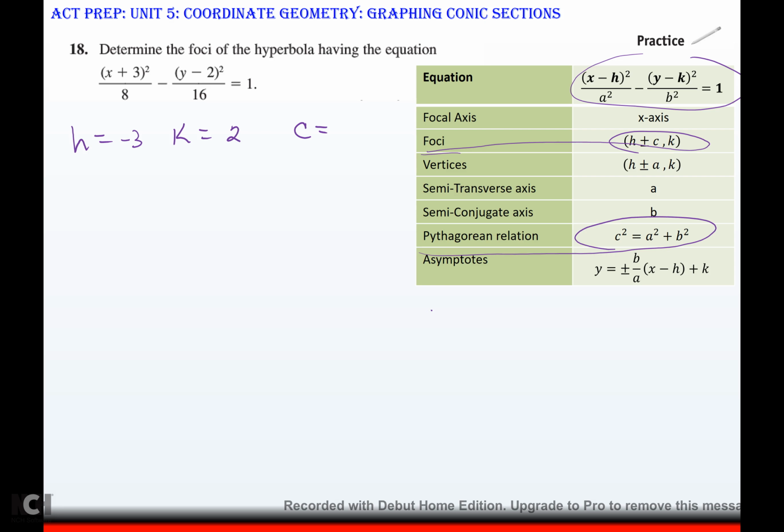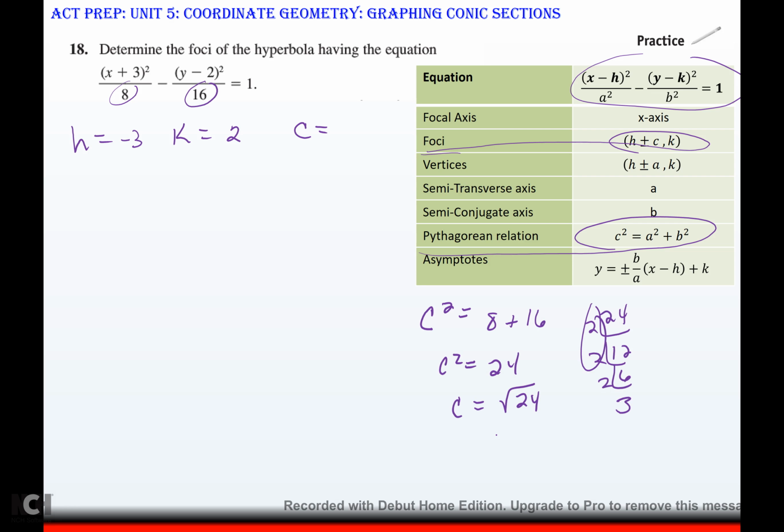So I can get c by doing c squared equals a squared, which is 8, plus b squared, which is 16. So that gives me c squared equals 24, and c equals the square root of 24. If I break that down, by 2 is 12, by 2 is 6, by 2 is 3, I get 2 square roots of 6.